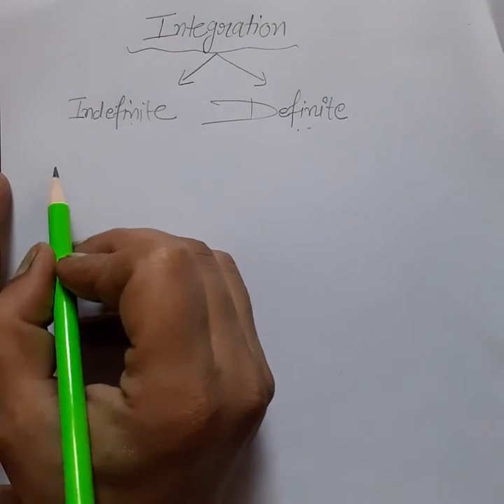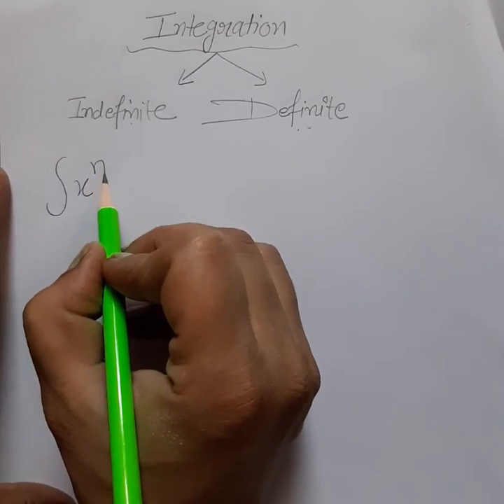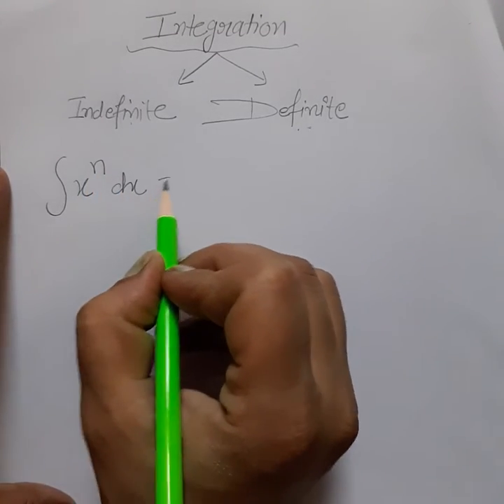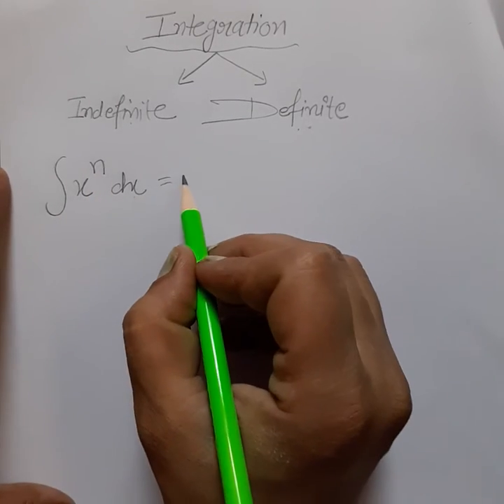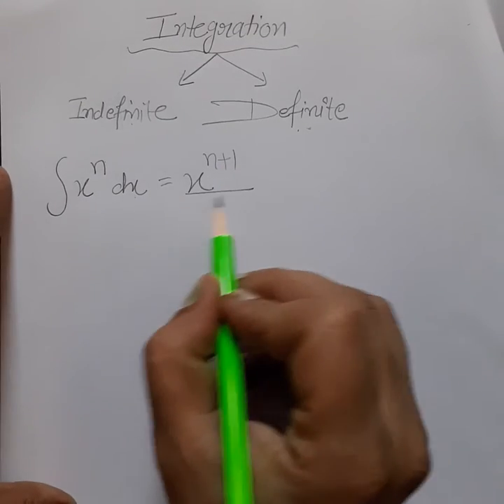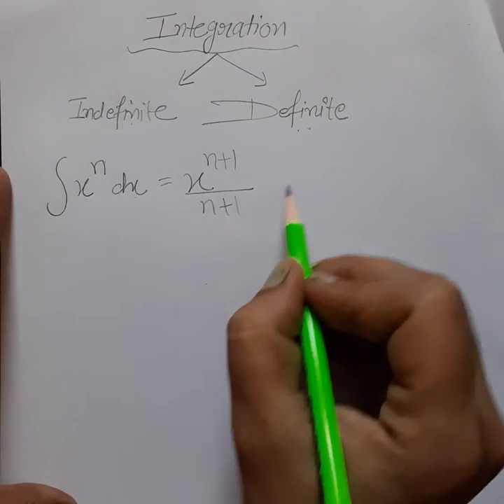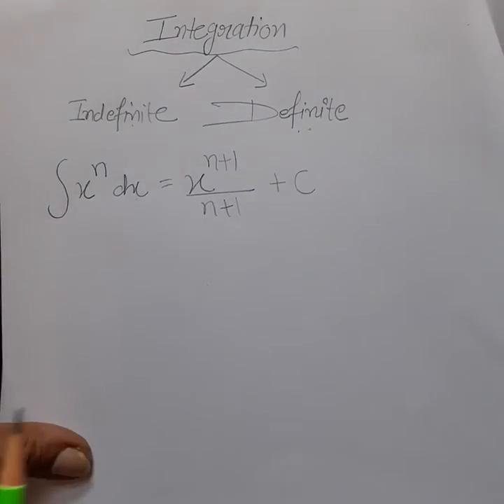So, in indefinite integral, we have studied in my previous video that integration of x to the power n into dx is equal to x to the power n plus 1 over n plus 1, and we write here c, that is constant of integration.